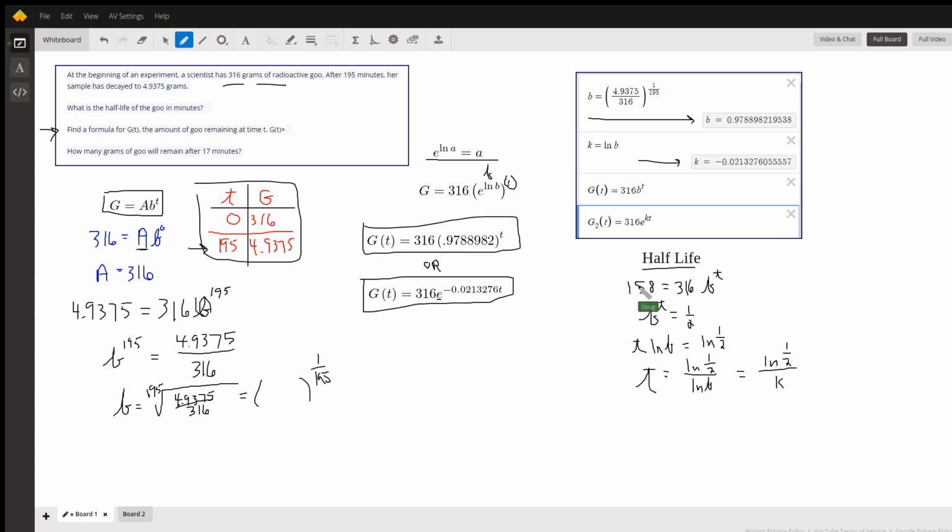To get the half-life, we want to know when the initial value has decayed to half of what it started with. That would be 158. How do I solve for t? Divide by 316. 158 divided by 316 is a half. Take the natural log of both sides.